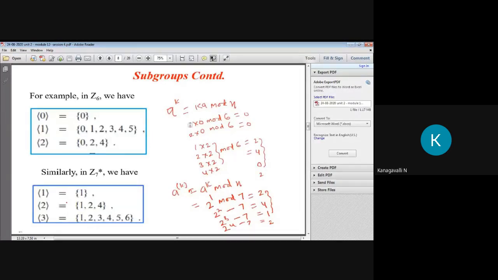So first I am taking the values from Z6, meaning 1 to 6, sorry, 1 to 5: 1, 2, 3, 4, 5. I'm just checking some examples here. If you choose the integer 0, then 1 into 0 mod 6 is 0. Whatever you multiply with 0 and take the modulo, your remainder is 0, right? So the remainder is 0, your group value is 0 only, right?